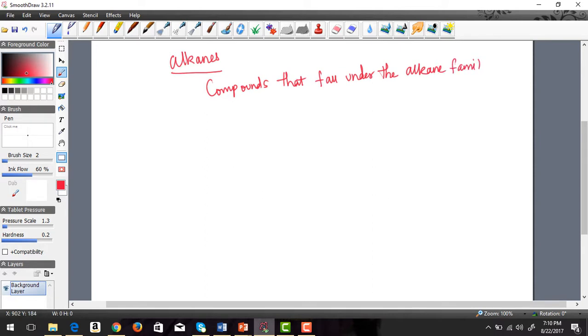The alkane family typically has only single bonds. For now we are going to restrict our attention to just carbon and hydrogen. We will see down the road that we will add other elements in the process, but for now I want you to understand the general formula.